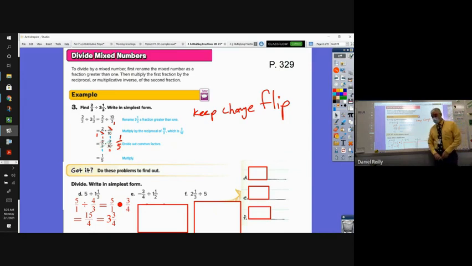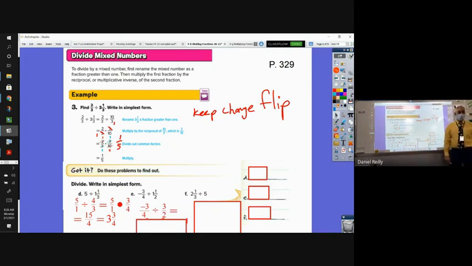I'm going to show everybody now. Look at the examples. When you go to do problems, look at the problems that have already been done for you and do the same steps. Rename 3 1/3 as an improper fraction, a fraction greater than 1, and down here, 1 1/2 becomes 3 halves. So it's negative 3/4 divided by 3/2.